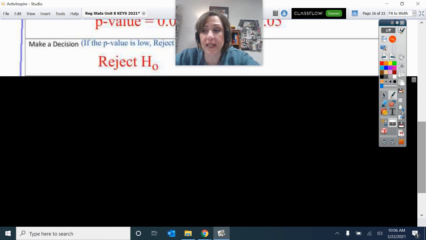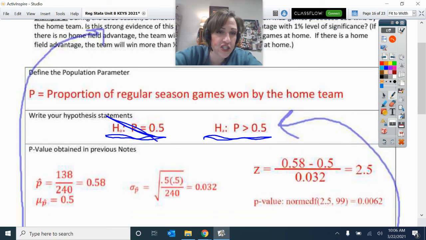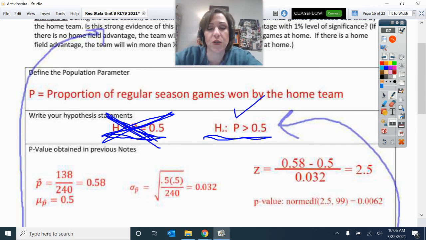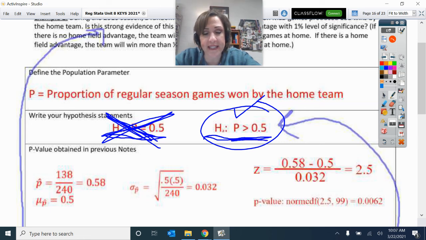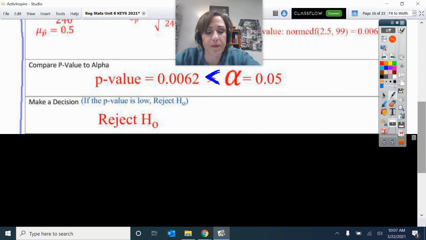All right, so if we reject the null hypothesis, we do have evidence that, and then you say this in context, the proportion of regular season games won by the home team is greater than 0.5.